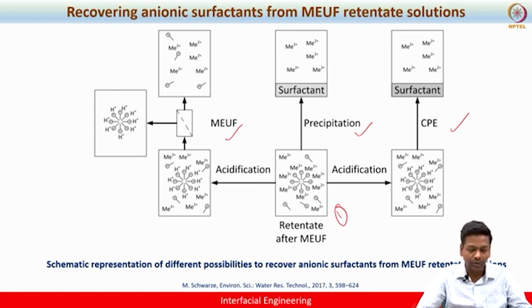In this example, we have taken the ionic surfactant and the ionic pollutants. This example is not given for the micellar-enhanced process, but the same strategy can be applied even for the case of micellar-enhanced separation.